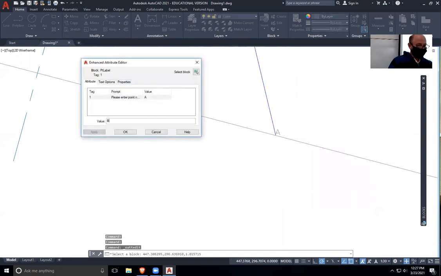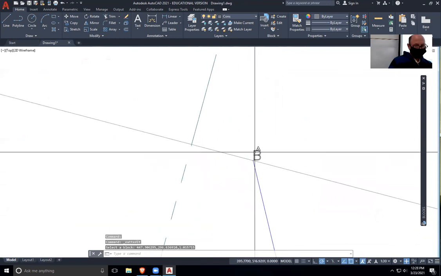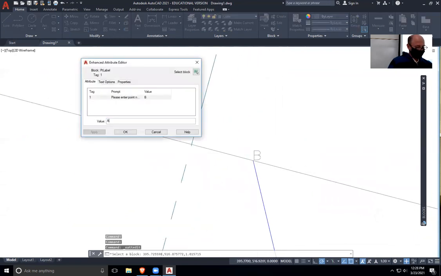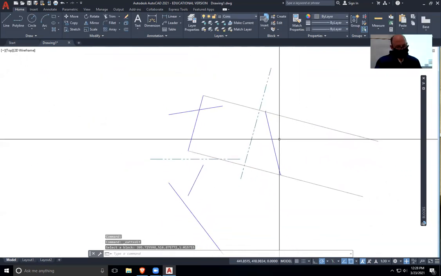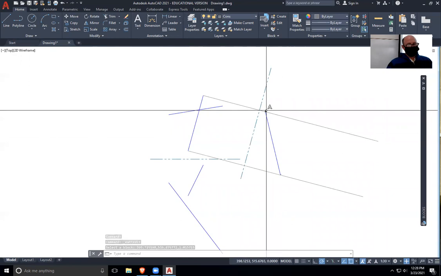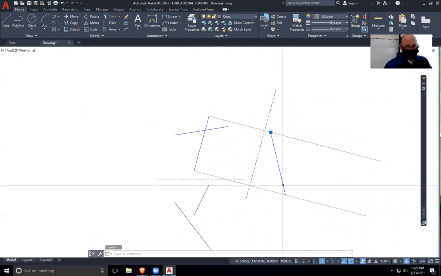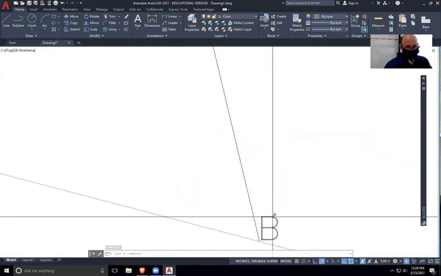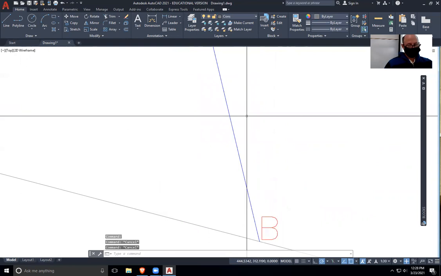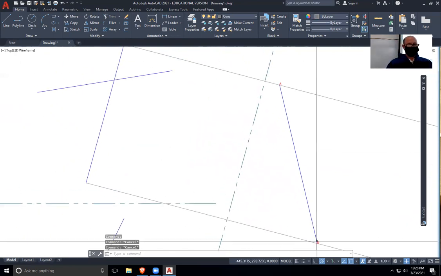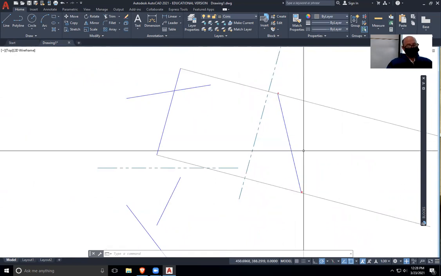You'll make this B. That A. Okay, kind of small, and we'll put them on the right layer, I suppose, so I can sort of see them. Okay, so that's true length AB.